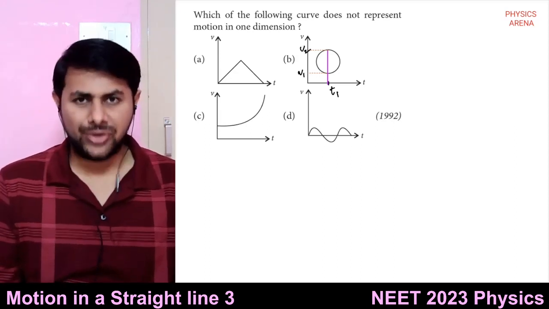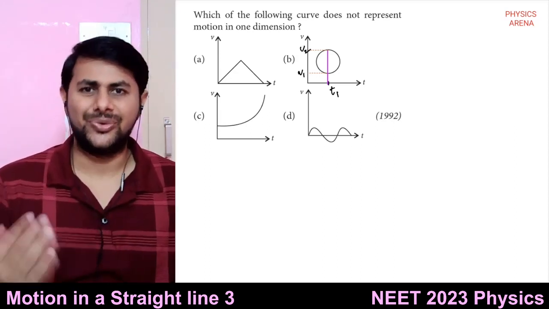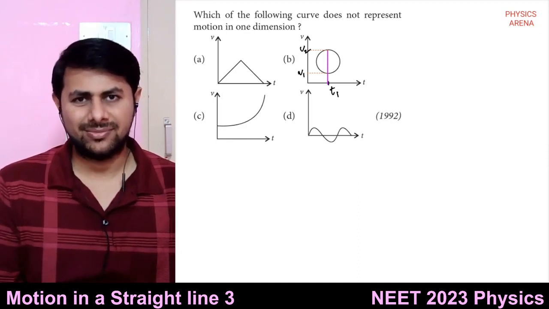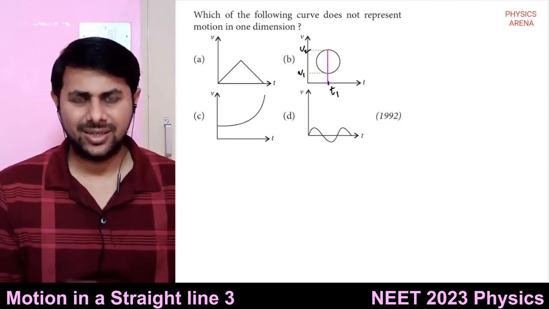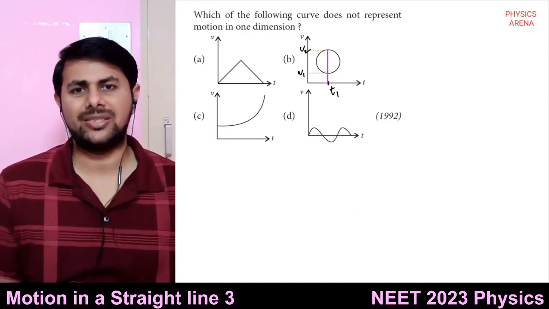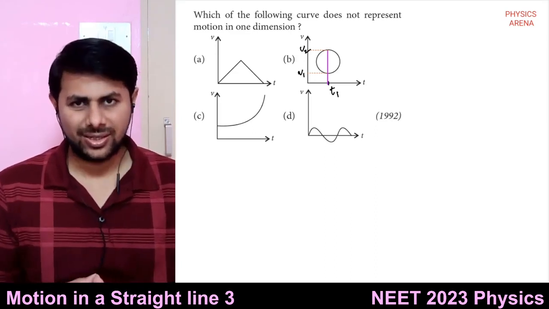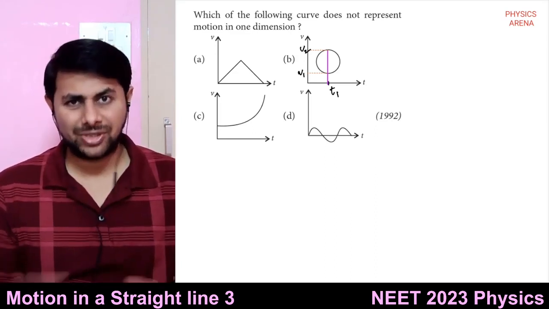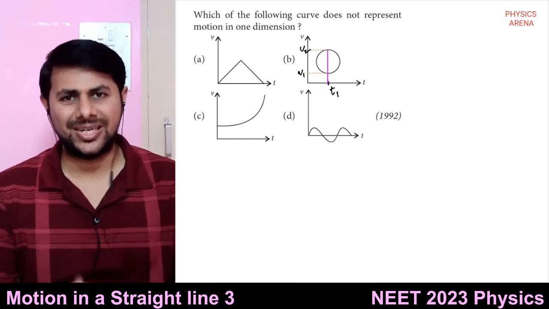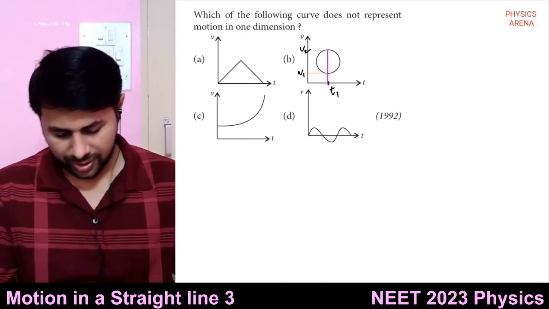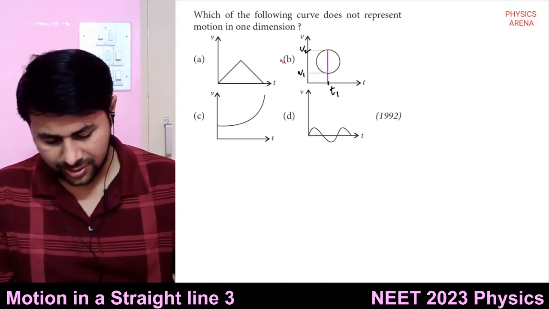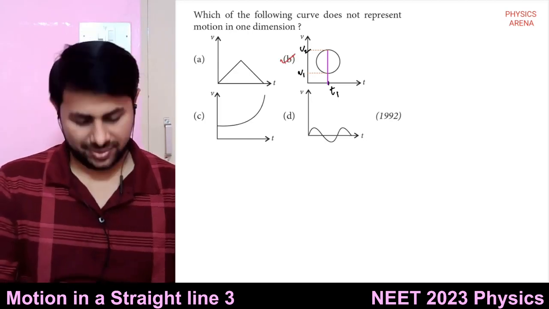My question to you is, can an object have two velocities at the same time? The answer is no, right? So that's why this velocity versus time graph is not correct. It cannot represent one-dimensional motion, or for that matter any kind of motion. So the answer is option B.